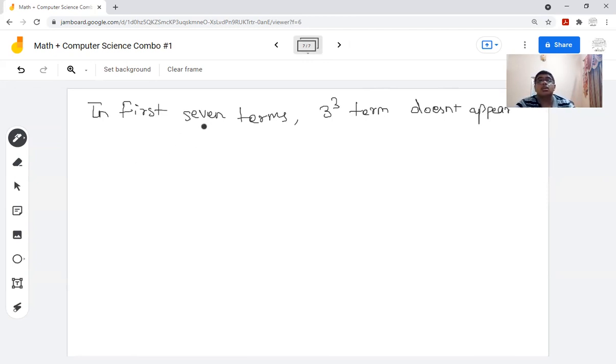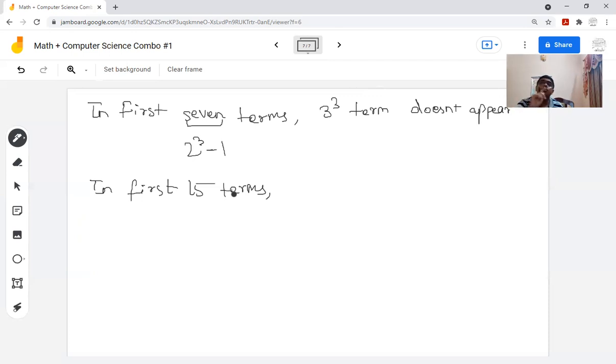So similarly, what does this 7 indicate? I showed you that it's 2 cube minus 1 in the initial discussion. It was 3 choose 1 plus 3 choose 2 plus 3 choose 3, if you remember. So in the first 2 power 4 minus 1, that is 15 terms, the 15th term would be the largest one among them, which is 3 cube plus 3 square plus 3 power 1 plus 3 power 0.